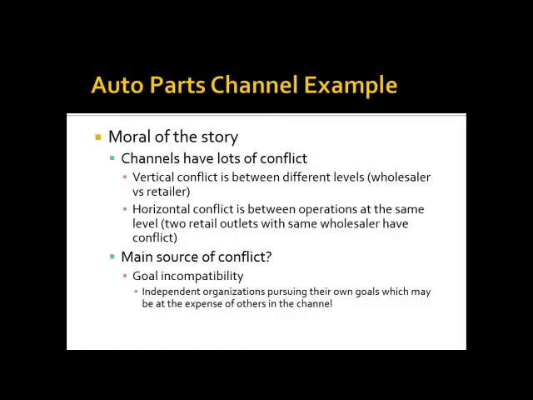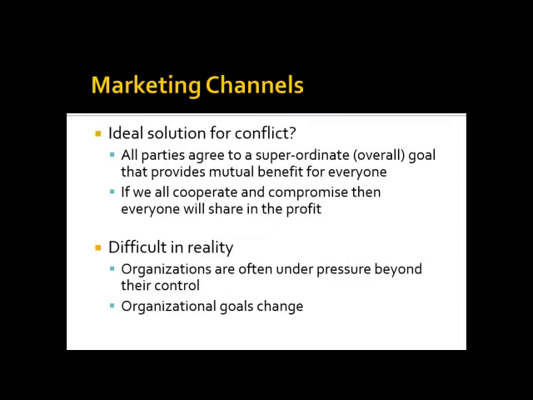So, the best or ideal solution for conflict is to have everybody buy into a superordinate goal. A superordinate goal is an overall goal that provides mutual benefit for everyone. In other words, if everyone cooperates and compromises, then everyone will get a good, fair share of the profit.